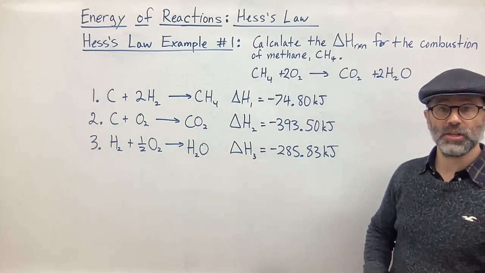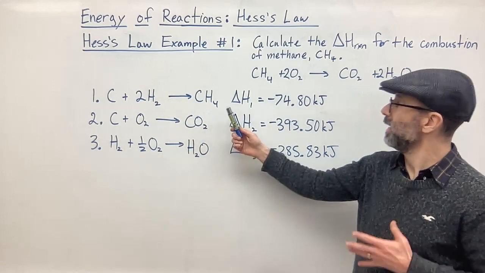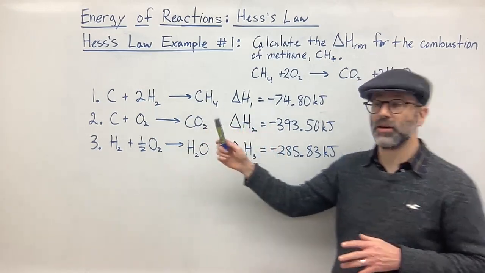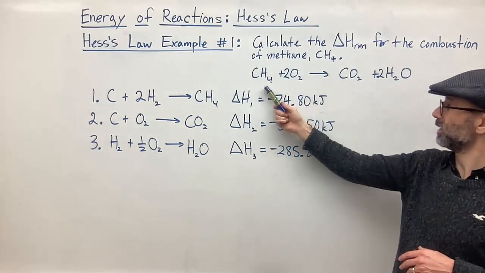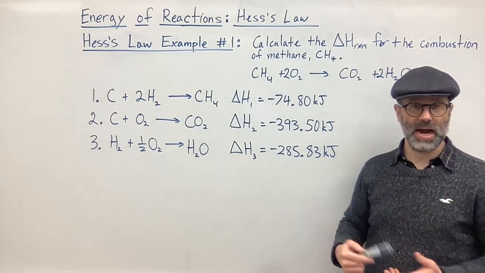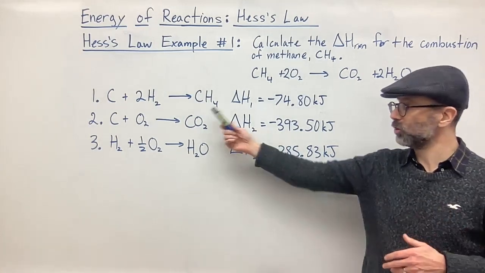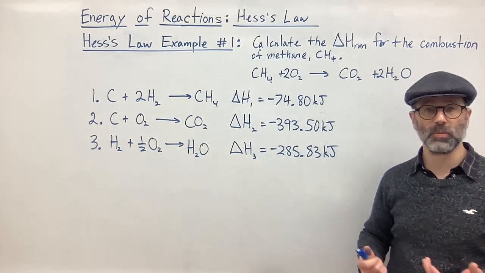So the first thing you need to do is take one equation at a time and see whether or not the reactants and products fit with the reactants and products here. Are they on the same side or are they not on the same side? Are they multiplied by the same coefficients? Do you have the same coefficients? If not, then you're going to have to multiply.